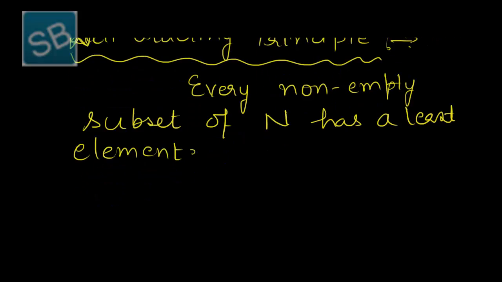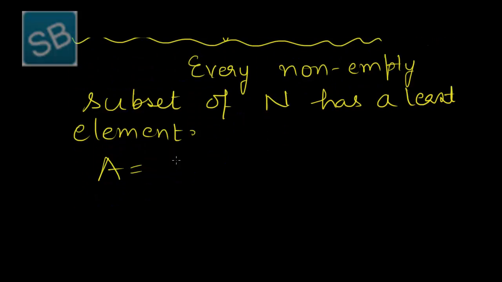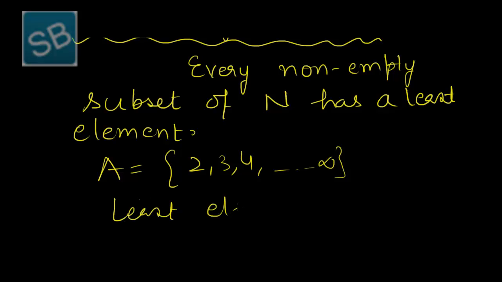Suppose we have a set A that starts from 2, 3, 4 up to infinity. So by the well-ordering principle, the least element of A is 2.